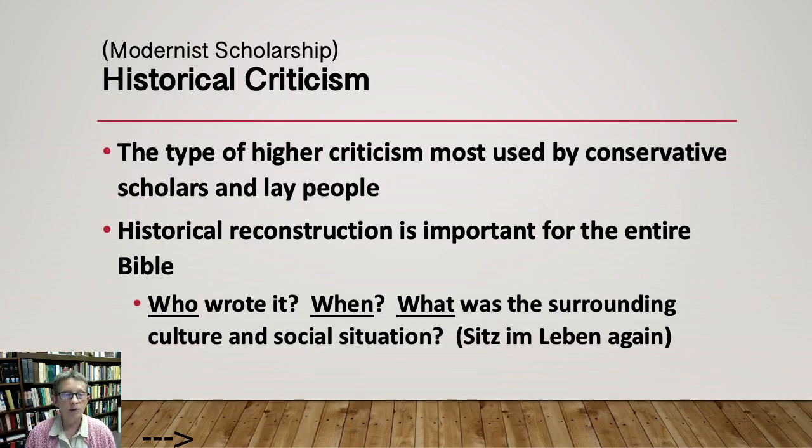Instead, principles should be drawn from those historical situations and applied to our social situation. And I think you may even be already imagining places where that's been done badly as well. So when we move to the postmoderns, we will see that. So that's the last of the modernist methods that we will talk about in this video series.